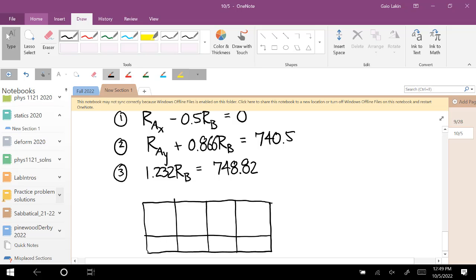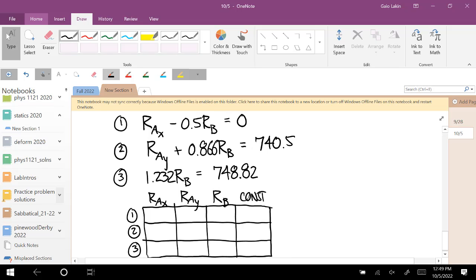It's 3 equations for 3 variables. So we need an augmented matrix with 3 rows and 4 columns. So the first equation, RAX's, there's 1. RB's, there's negative 0.5. The other stuff is zeros.